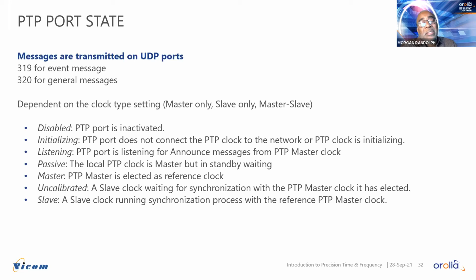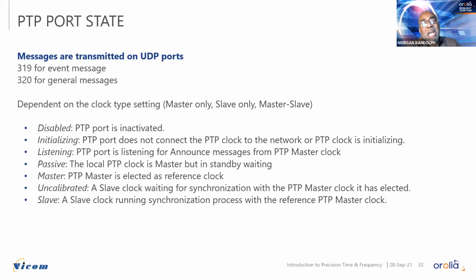It could be listening, so the PTP port is listening for announce messages from the PTP master, where I mentioned earlier that you send an announce message. In passive mode, the local PTP clock is a master, but in standby and waiting.